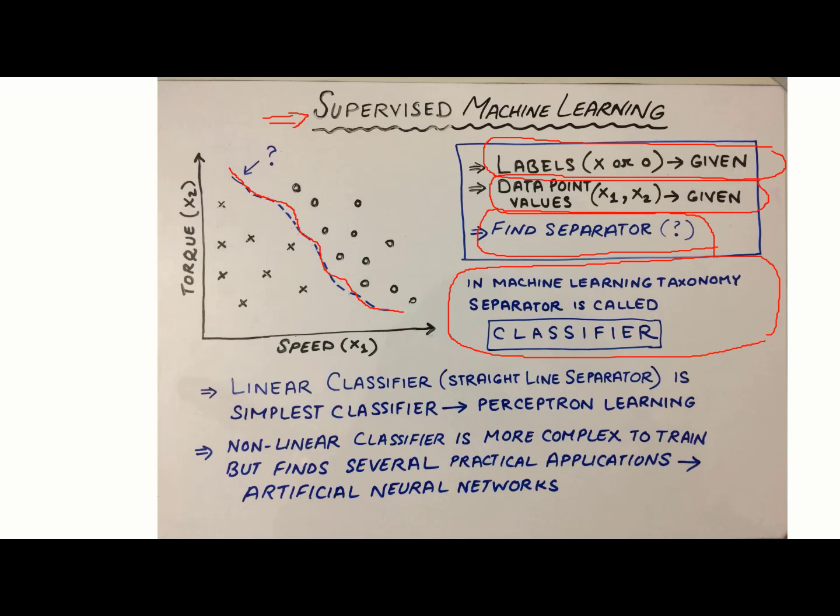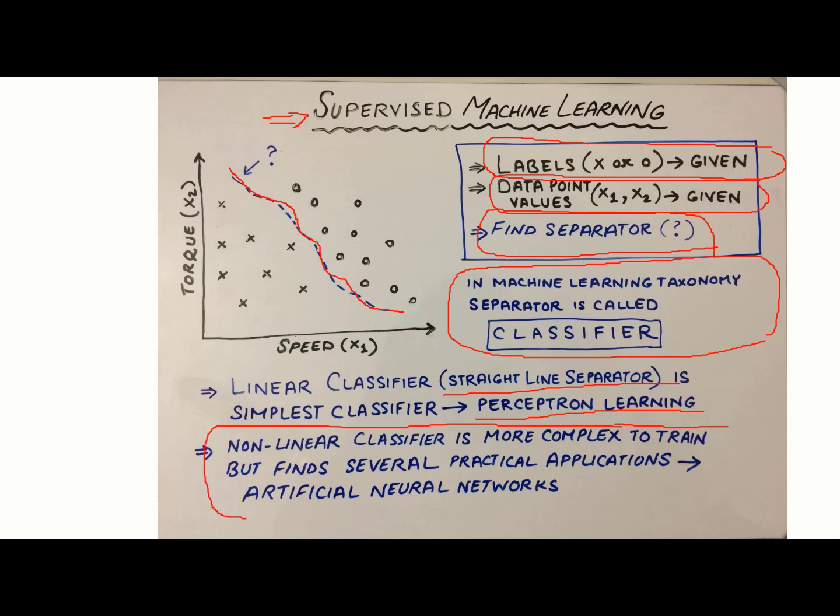What people believe is the simplest classifier in machine learning is a straight line classifier, often known as a perceptron. And we're going to talk about perceptron learning, how you're going to train a perceptron, in our next lecture. But in many real life applications, this may not be adequate, and the boundary may not always be represented by a straight line.